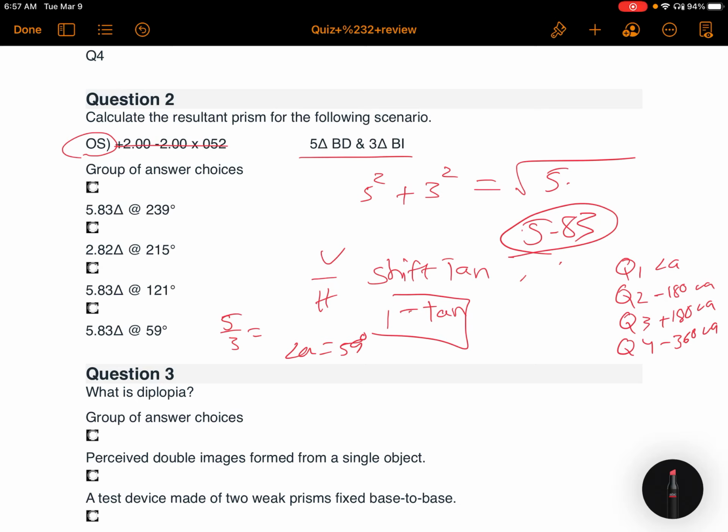It's the left eye, and it's down and in. So down and in would put us here in quadrant 3. So quadrant 3, we're going to take 180 and add it to this 59. So 180 plus 59 gives us 239, and we found our answer.